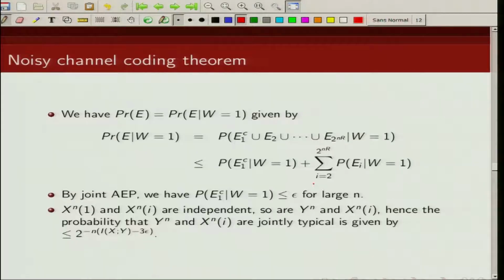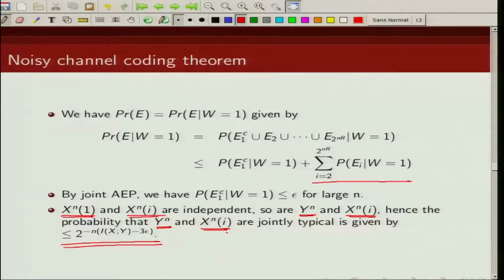Now let us look at the other term. We have also shown that x^n(1) and x^n(i), where i is different from 1, are independent, so y^n and x^n(i) are also independent. Then the probability that y^n and x^n(i) are jointly typical is upper bounded by 2 raised to the power minus n times (mutual information minus 3 epsilon).